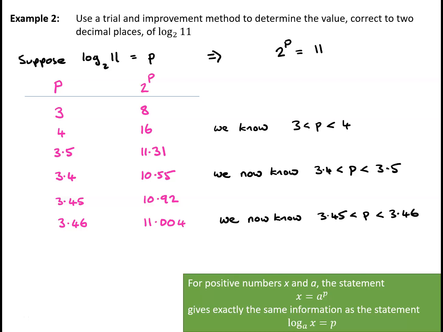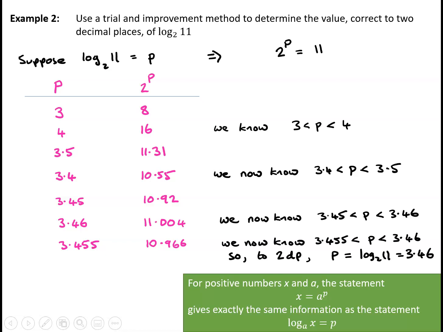If I now use a test value of 3.455 and calculate the value of 2 to the 3.455, I get 10.966. So I now know that the value of p that I'm looking for lies between 3.455 and 3.46.